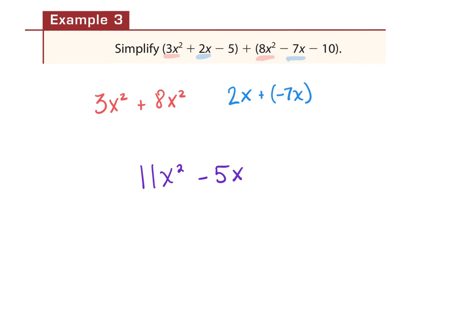And then I am going to go to my last one. I have a -5. What's in common? A -10. And so I'm going to take -5 plus -10. What do I have there? -15. Now, before I check, I want to make sure that I cannot combine anything else. Can I combine anything else? No, I cannot. That is my answer.